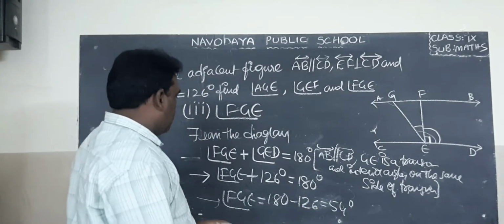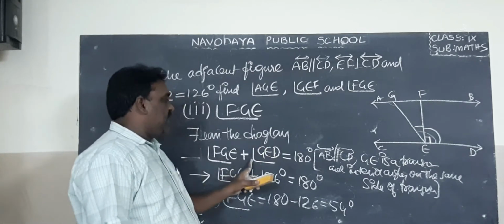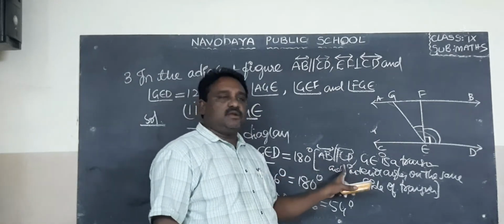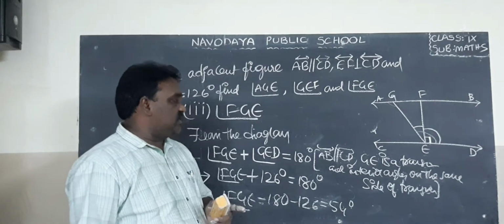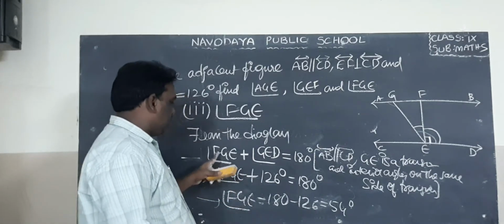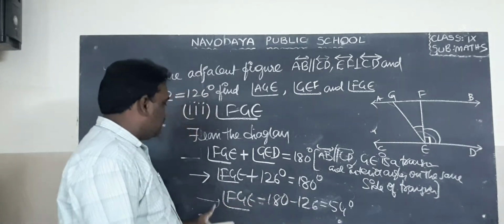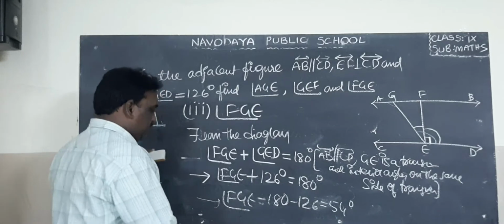54. Okay? So from the diagram, angle FGE plus angle GED equal to 180. Reason, AB parallel to CD, GE is a transversal. Interior angles on the same side of the transversal. First one same, second one 126 equal to 180. 126 is moving to right side, 54. Therefore final answer.